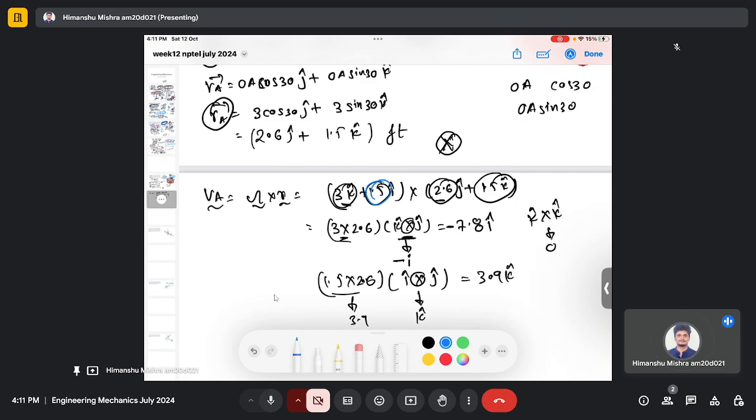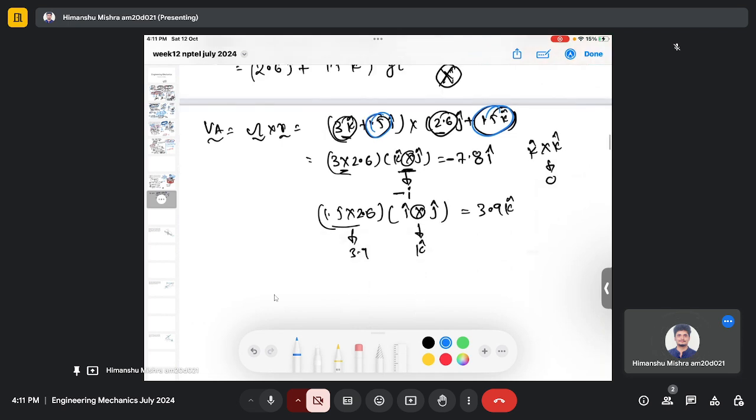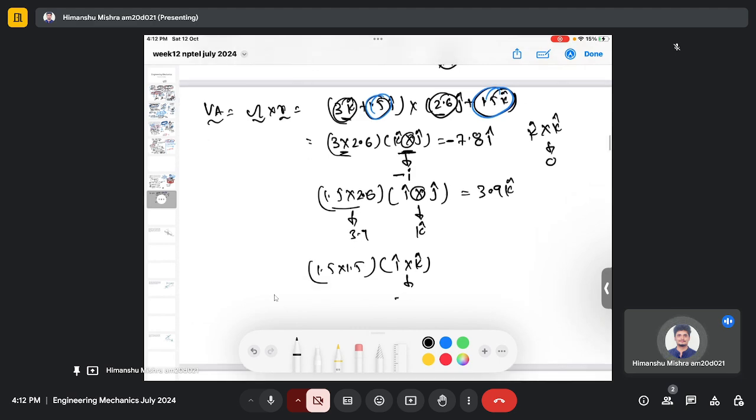Then the cross product of 1.5 with 1.5 k, so 1.5 into 1.5, i cross k. This will give me minus j, and this will give me 2.25, so it's minus 2.25 j.